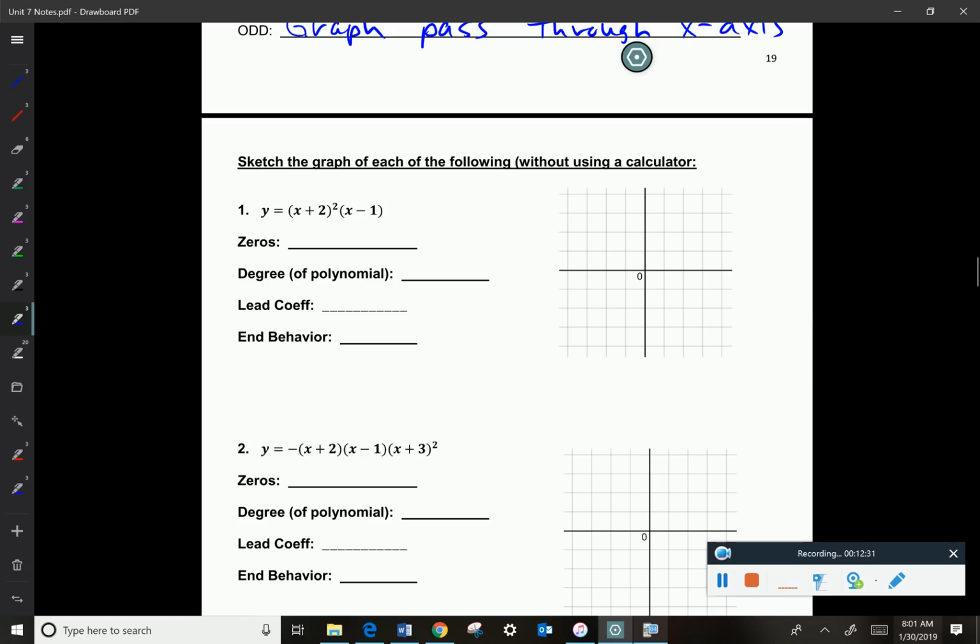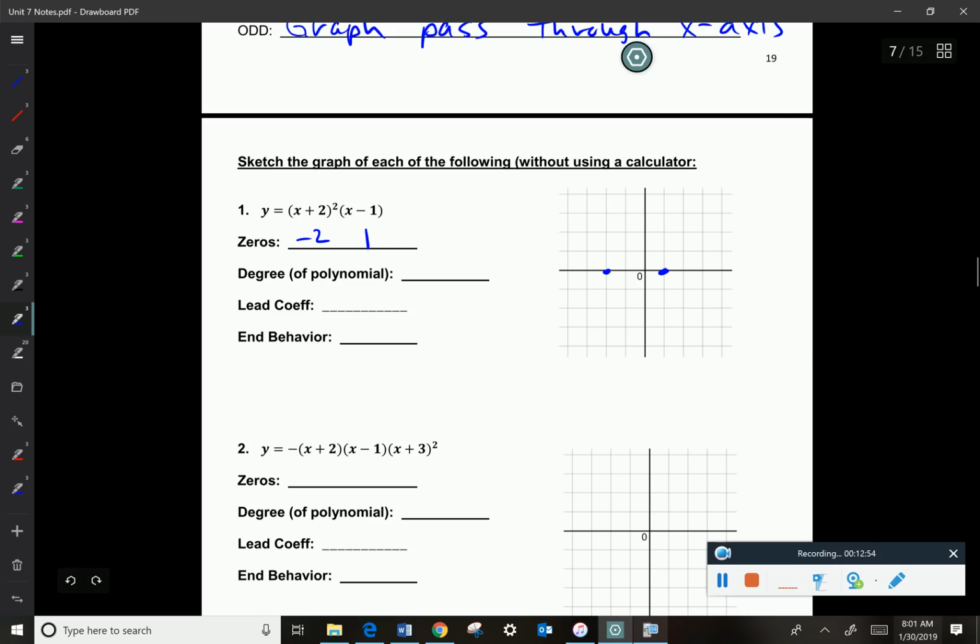On number 1, here's what I know. So there are zeros at -2 and 1. Okay, that means I'm going to have x-intercepts at -2 and 1. Now the degree of the overall polynomial. If this had been multiplied out, now I don't actually have to do it, but if I had squared out the x plus 2, on that I would have an x squared at the beginning, right?